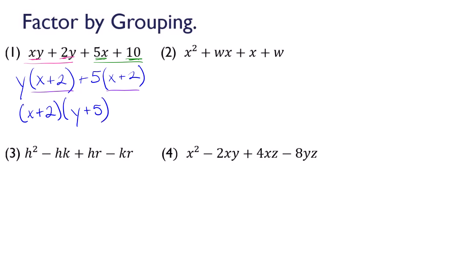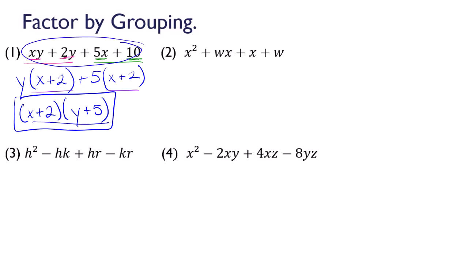Remember what we're doing is dividing by x plus 2, so that'll cancel this out and we just end up with y, right? Same thing when we do it to this: if I divide by x plus 2, this will go away and I'll just get the plus 5. Okay, so that's our final answer there. All right, so we go from a polynomial with four terms to a product of two binomials.